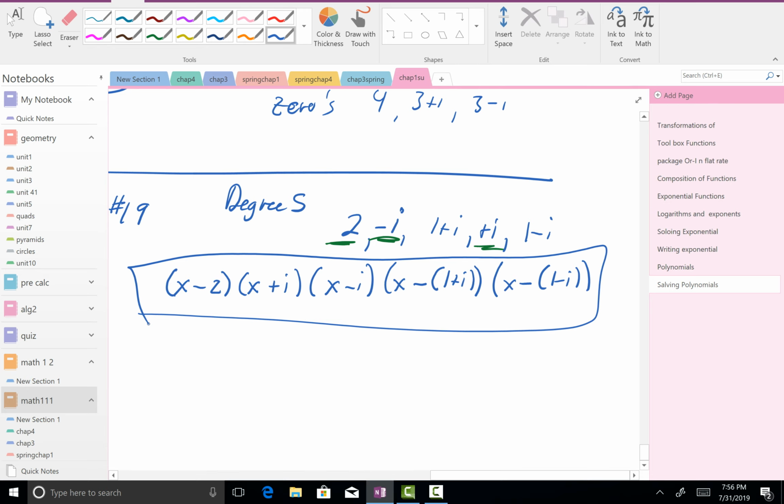You already know how to FOIL, so why would they have you do that except to torture you a little bit, right? So don't. Just leave it like that, okay? If you want to know how to FOIL complex, I'll show you how to do it, okay? But don't, just leave them like this. Okay. That's those ones. You're doing good so far.